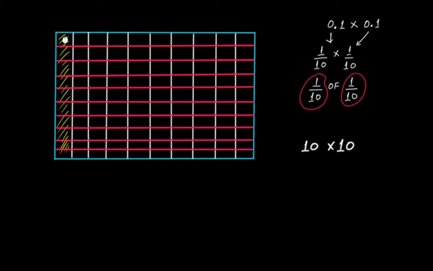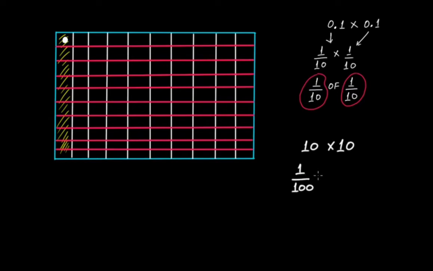And what does this single part, this block, tell us? What fraction does it tell us? It tells us 1/100, right? There are 100 equal parts, and you are taking this one part out of this 1/10. It means that this single block is representing 1/100.